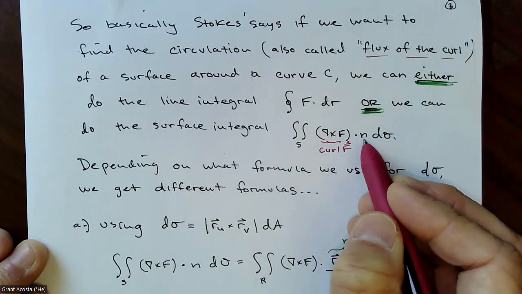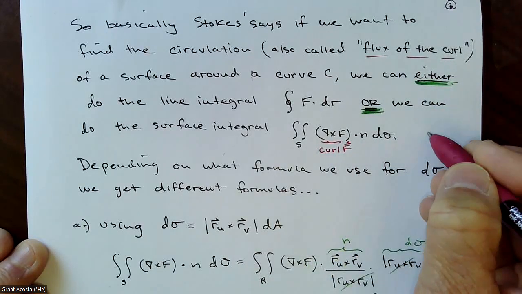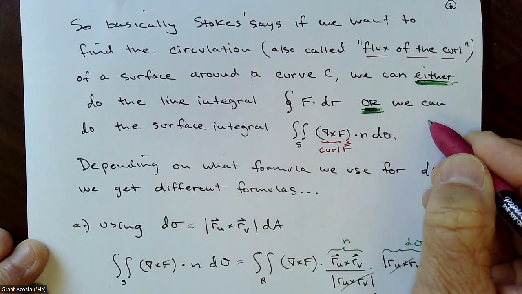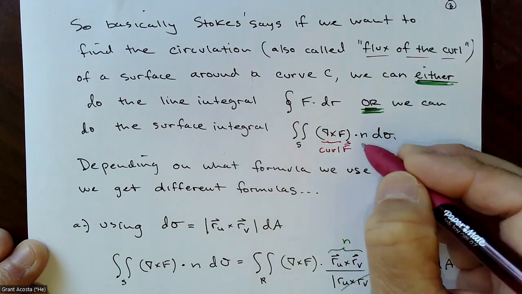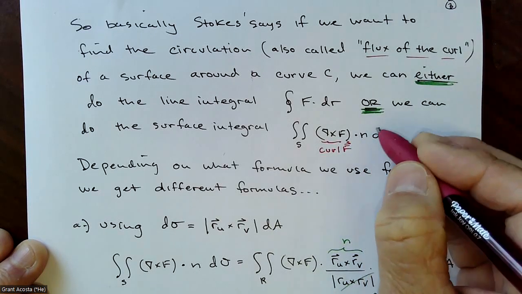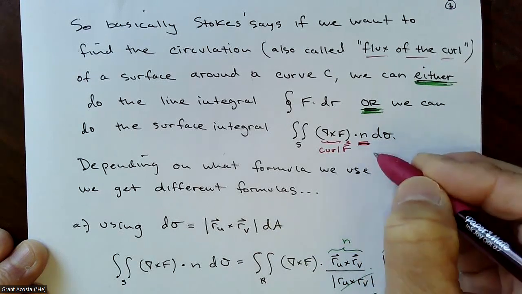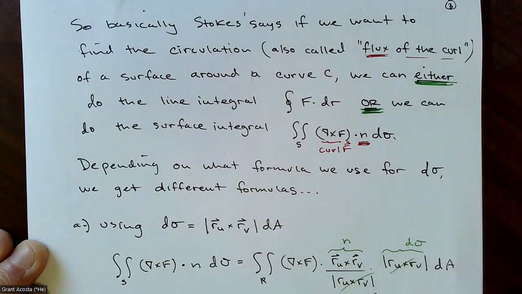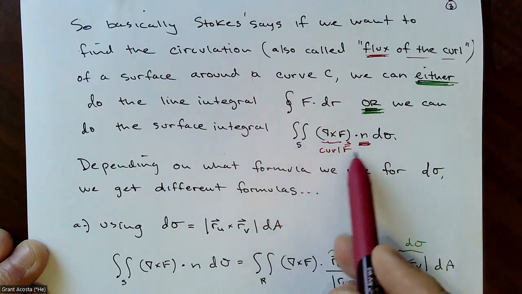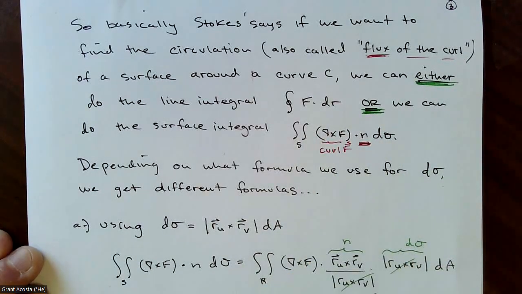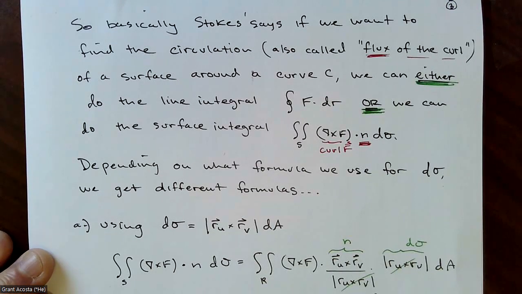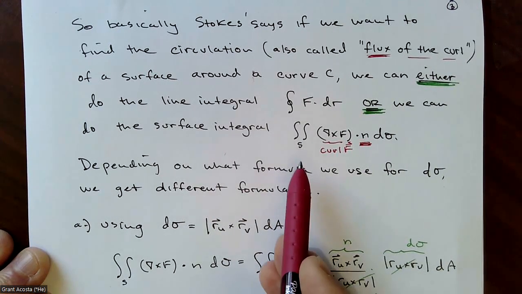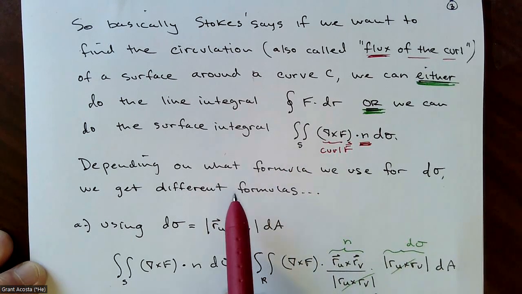We're adding up the curl, but we're dotting it with N, which is the vector that's perpendicular to the surface. It's just a measure of the curl there. And if you recall, when you're measuring stuff that is going out away from the surface, we usually call that flux. So it's the flux of the curl is another way to describe this double integral here. And so we can calculate the circulation around the boundary curve either way.